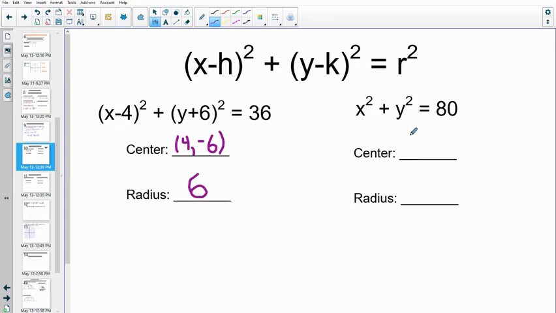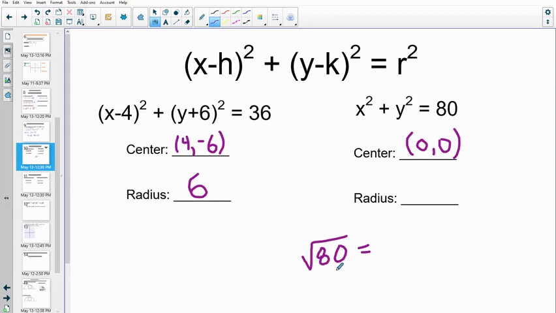For the next one, x squared plus y squared equals 80. Well, looks like my center's at (0, 0), because I've got x minus 0, y minus 0. And then my radius, I'm going to write it down here. This is the square root of 80. That's going to simplify. Either a decimal approximation on your calculator, I'm not sure what it is, but it's probably about 8.9. Or if I want the exact value, I can look for perfect square factors.